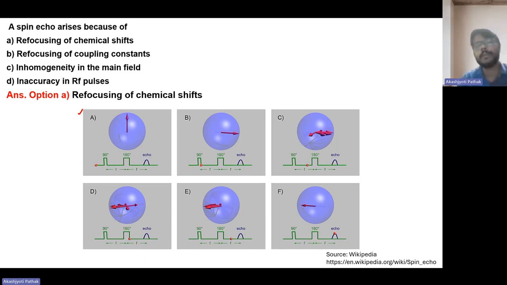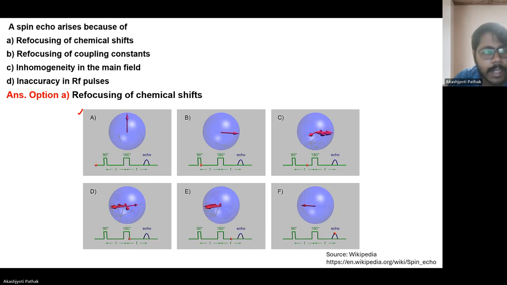For proton nuclei too, because of its bonding patterns with different carbon atoms or different electronegative atoms, you will see that the chemical shift of the hydrogen, or the proton, is different from the other protons.